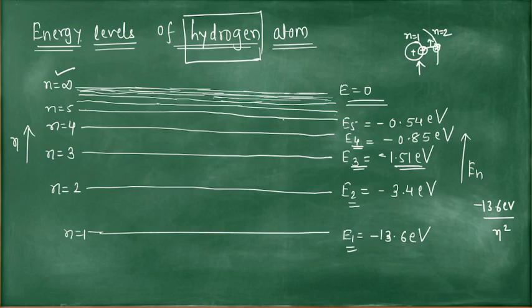So there is a transition of the electron from n equal to 2 to n equal to 1. This we can show in the energy level diagram by drawing a line from n equal to 2 to n equal to 1.